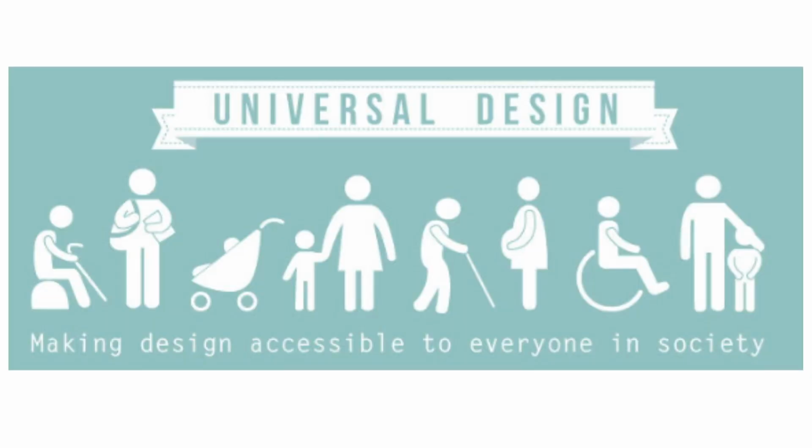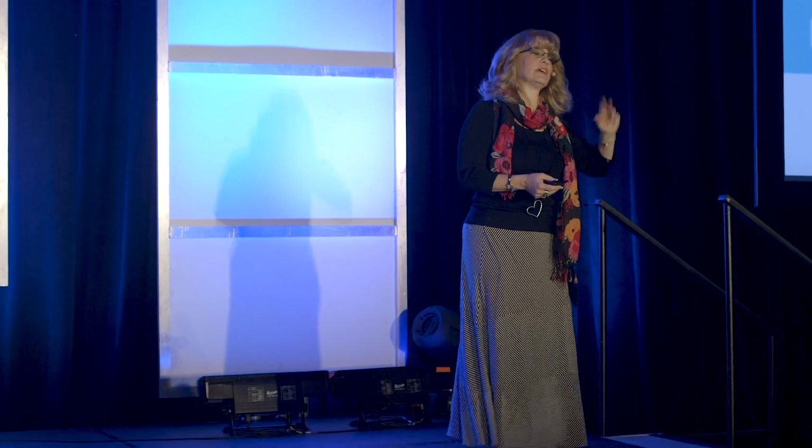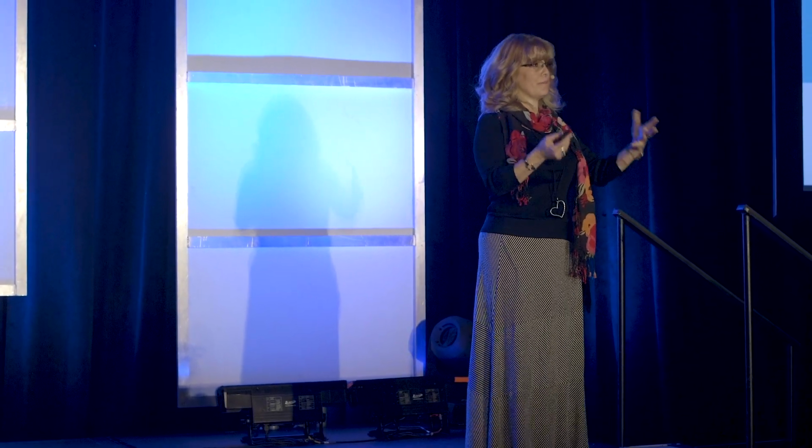So it started from architecture. And if you think about building buildings, we used to build a building and then have to retrofit it with things like ramps and elevators and other signals and things like that. Now, every time we build something, we think about, oh, who might need to access this?